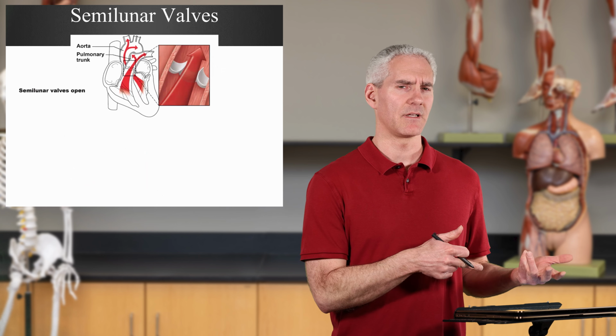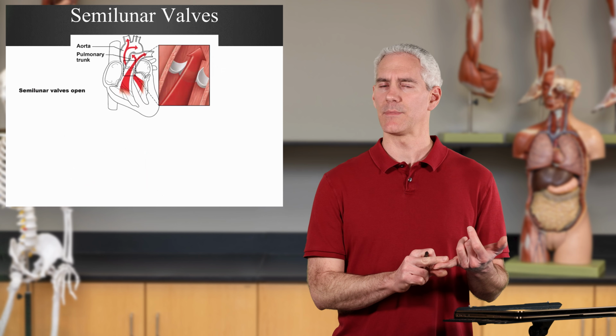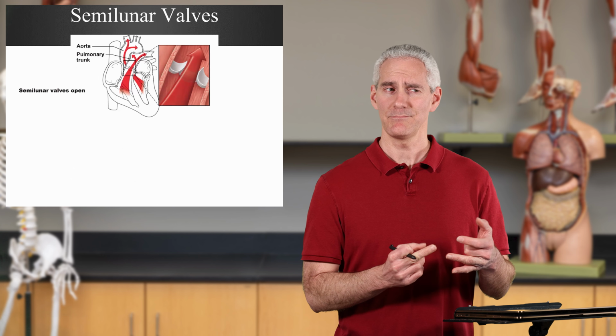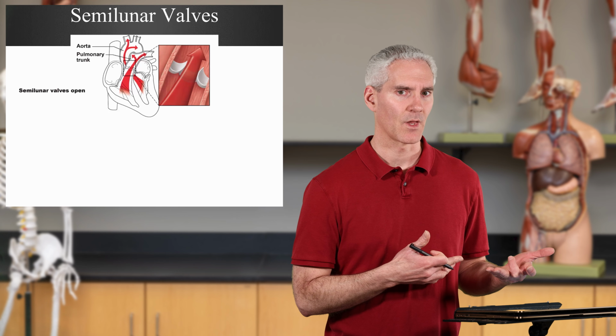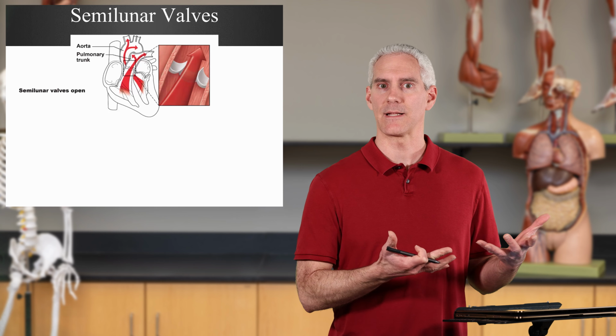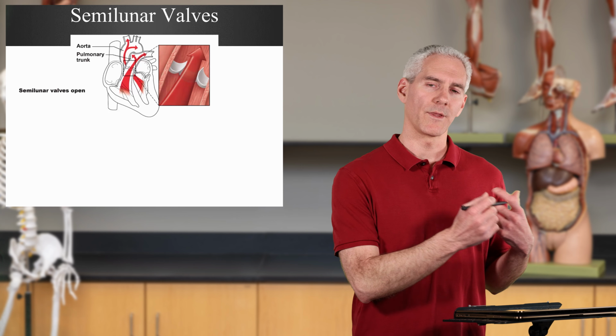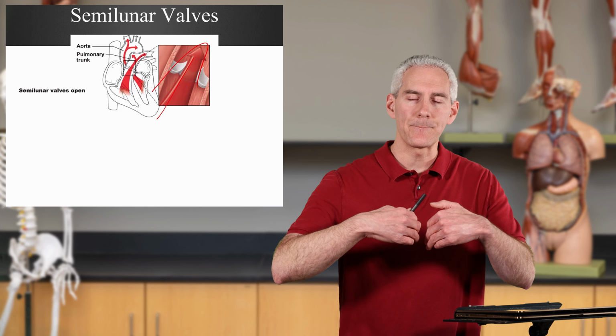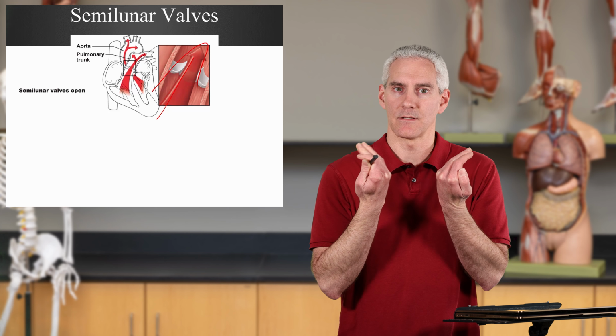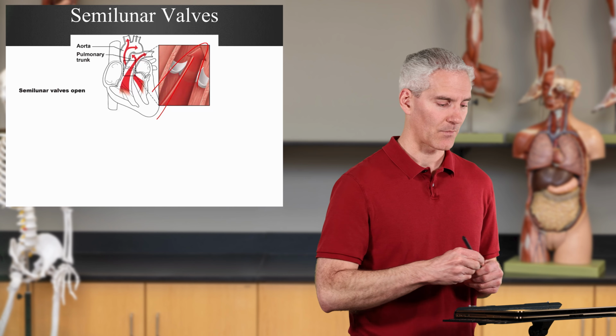But now the semilunar valves, the pulmonary and the aortic, I didn't mention any chordae tendineae there. So how do they prevent backflow? Because all 4 valves are preventing backflow. Well, when the ventricle contracts, it pushes blood through. That pushes the cusps open. So blood just flows on through, no problem.